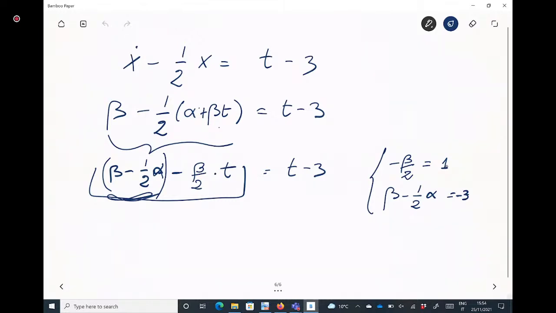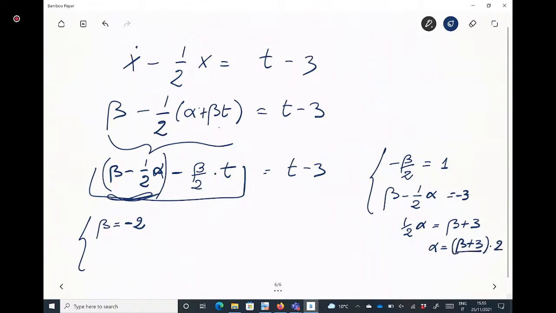Now this is a simple system from which I obtain beta equal to minus 2. Next, this can be written as beta plus 3 is equal to 1/2 alpha. Now I have to find alpha here. So alpha is equal to beta plus 3 times 2.